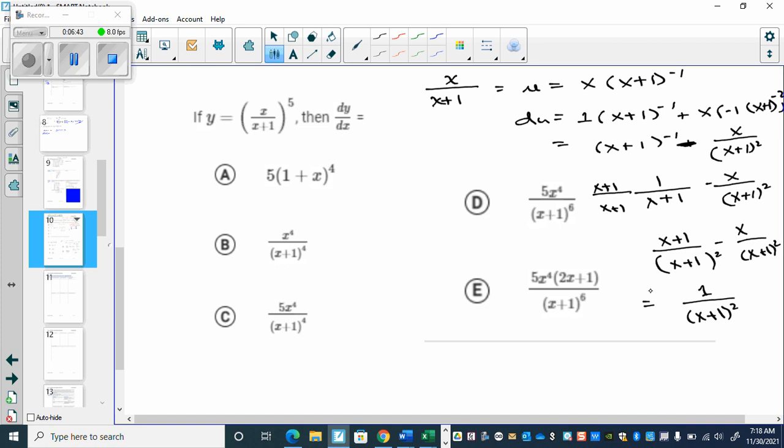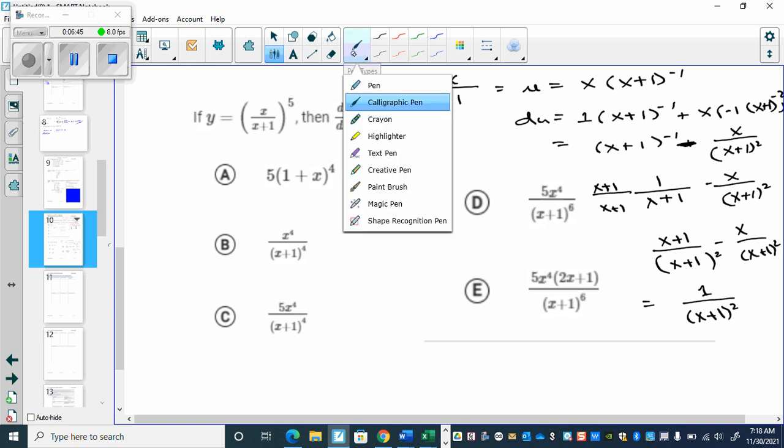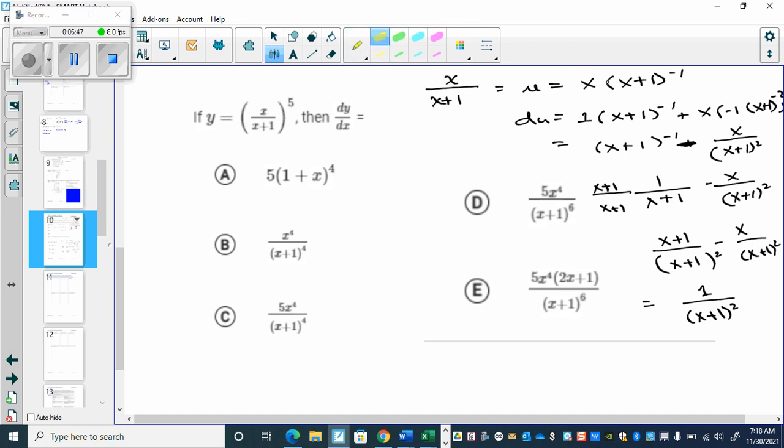So I have d sub u. It's right here. I'm going to highlight it. I have u. This is u as well. And I have d sub u. Now I'm going to go back to my original problem here. So this equals u to the 5th. I want to get the derivative of this. So that would be 5u to the 4th d sub u.